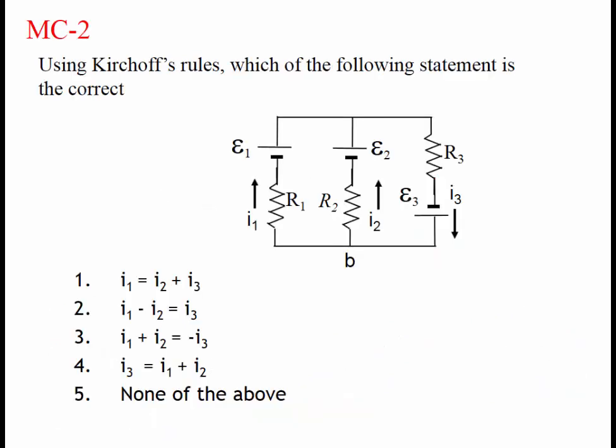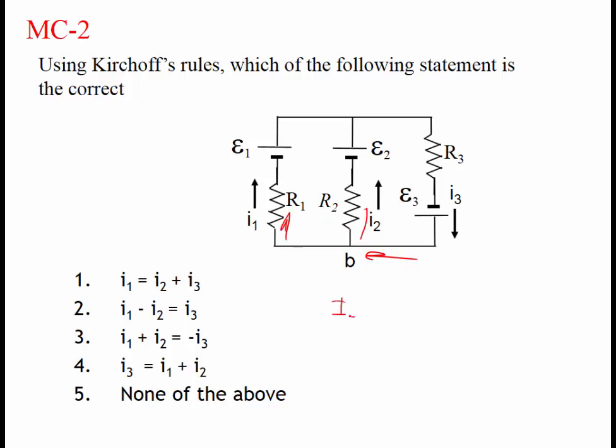Now, for this one, if we use Kirchhoff's laws, which of the following statements is the correct one? If you're looking at point B, we have the currents that are coming in. I3 is coming in, I2 is leaving, and I1 is leaving.